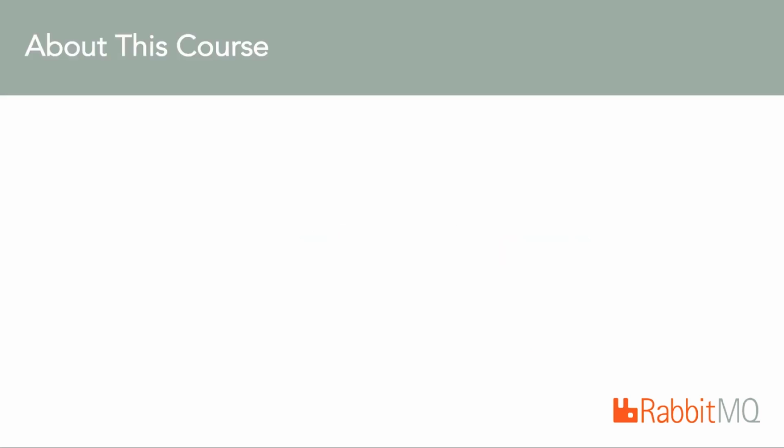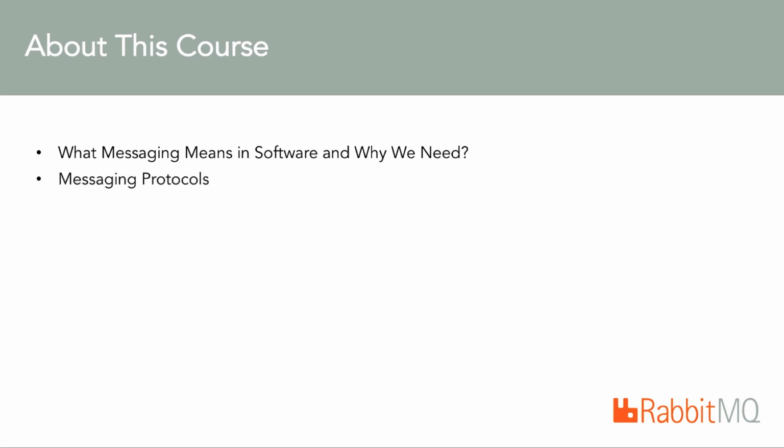In this course, we're going to start with the very basic, the fundamental knowledge for any message broker, and that is messaging. So we're going to start with what messaging means in the software world and why we actually need it. And after that, we're going to take a look at messaging protocols such as MQTT.